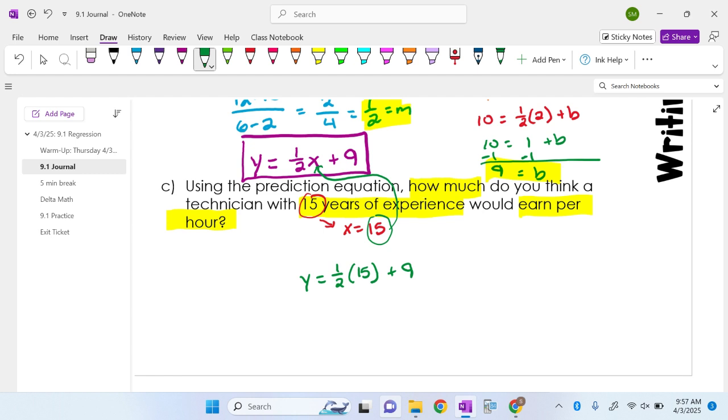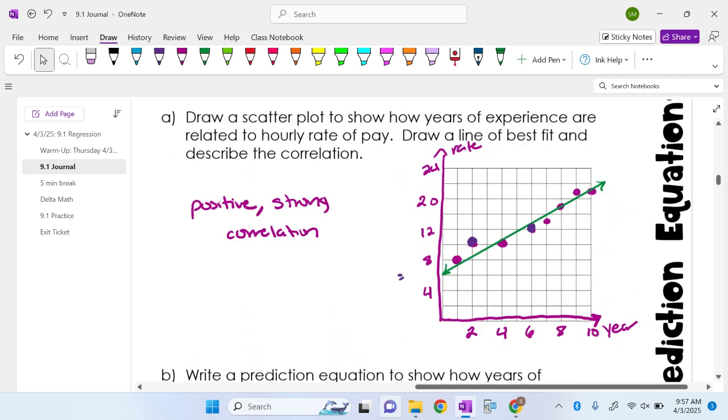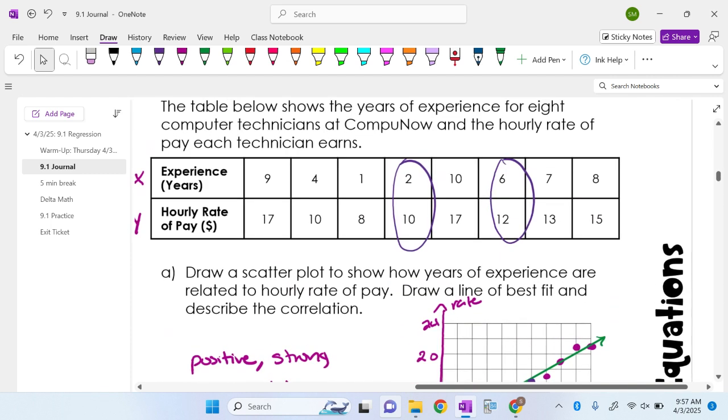7.5. So we're saying that Y is equal to 7.5, which in terms of money, what would that be? $7.50 per hour. Now, let me ask you this. Look back up at what we have.